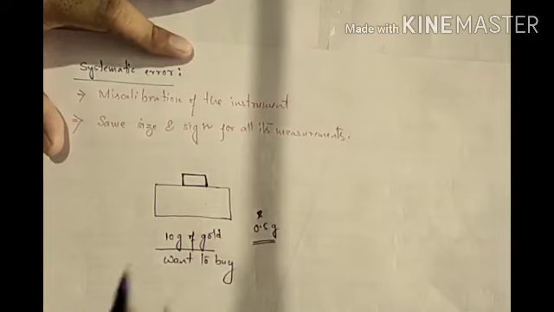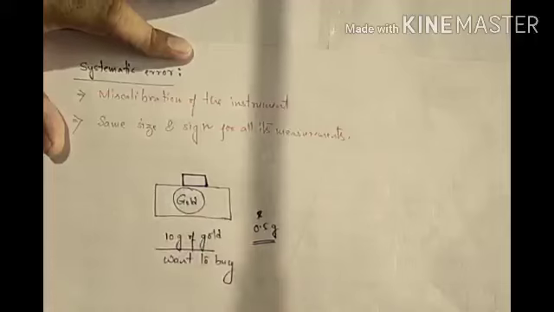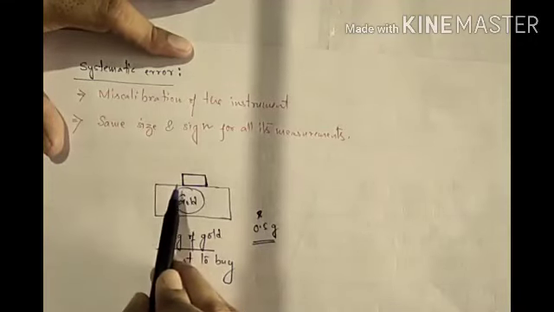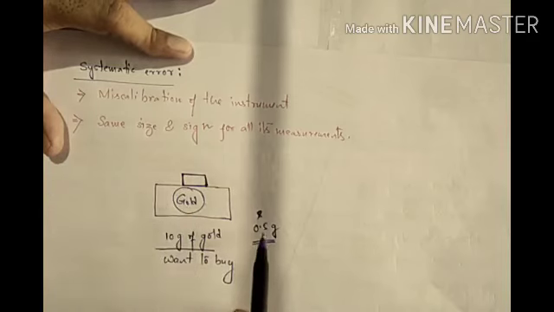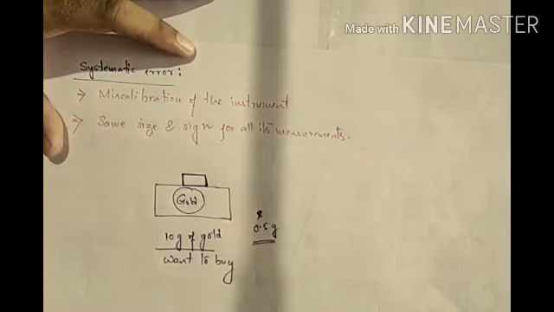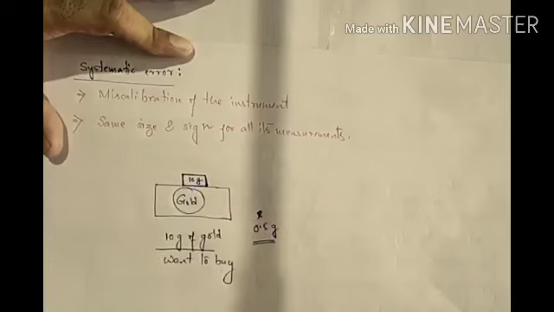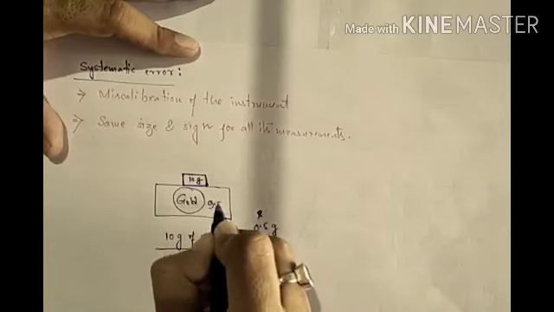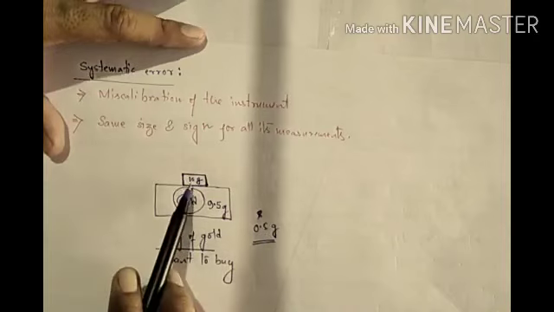Suppose the shopkeeper puts some gold here. And the condition of the machine is such that anything you put over here, its weight gets added with 0.5 gram. In that case, if the reading comes out to be 10 gram, then the actual amount of gold the shopkeeper has to put here is 9.5 gram, because that 9.5 plus 0.5 gram will give you 10 gram.